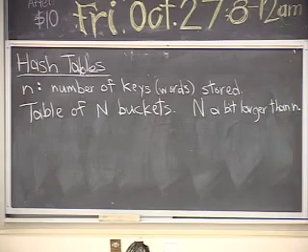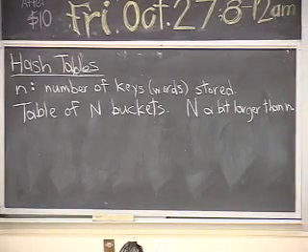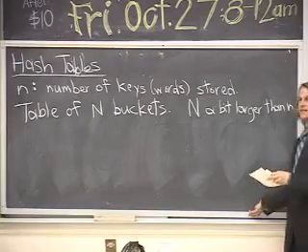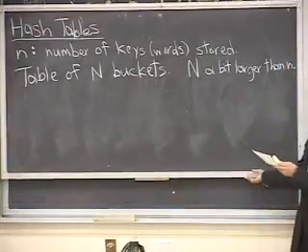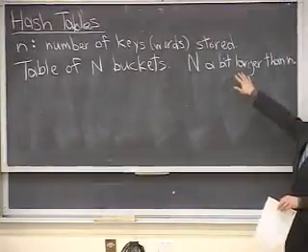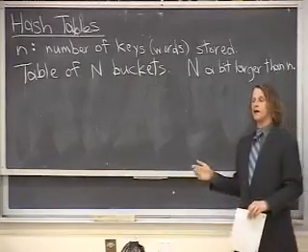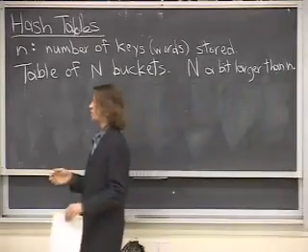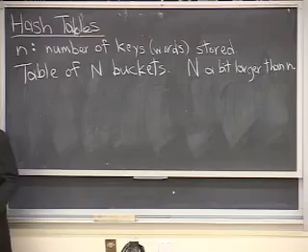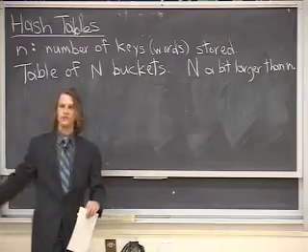It's roughly about the same size as n, maybe 20% bigger. It doesn't really matter, as long as it's in that range. So big N, the number of buckets, is a bit bigger than the number of things we want to store, but it's way, way smaller than the possible number of keys we could store.